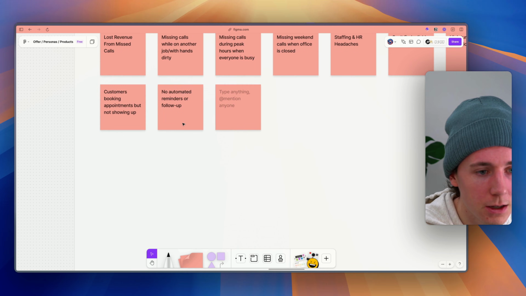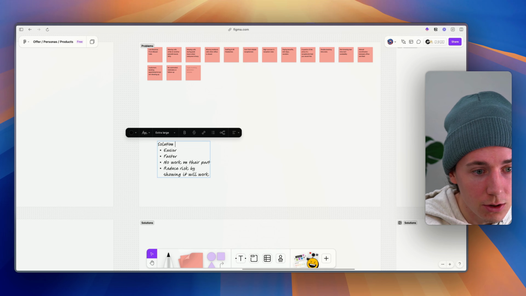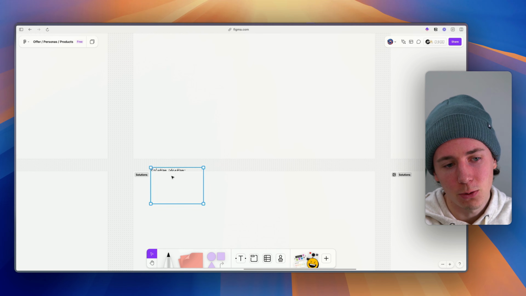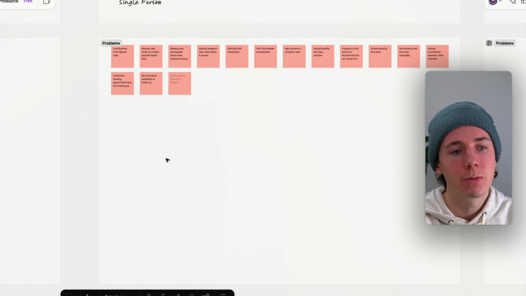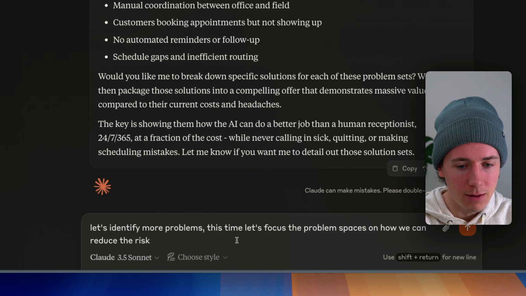So this problem ideation is actually solution ideation, because making it easier, making it faster, and reducing risk is something that happens when you're building out the solution, not the problem. So we can just list out as many problems here.